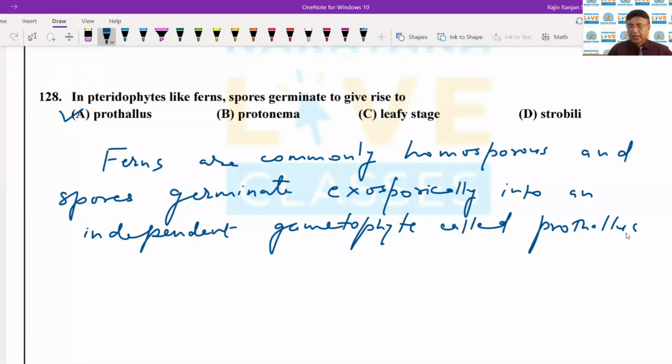The heart-shaped structure that we have seen earlier, bearing rhizoids and antheridia and archegonia. So this prothallus is the correct answer.